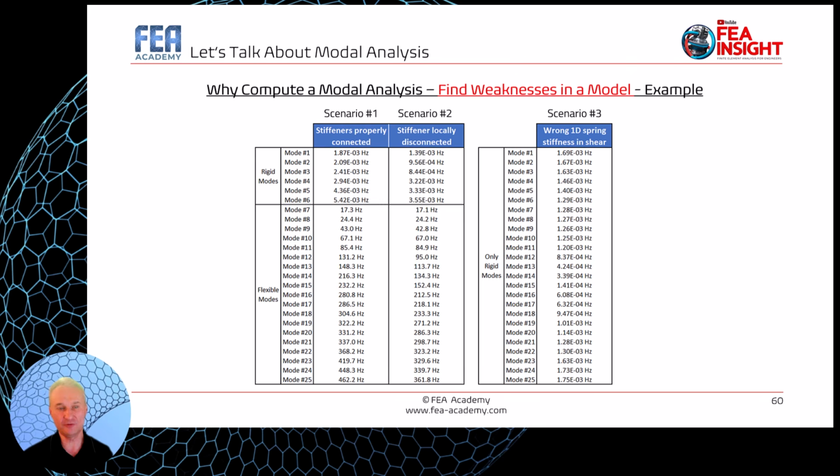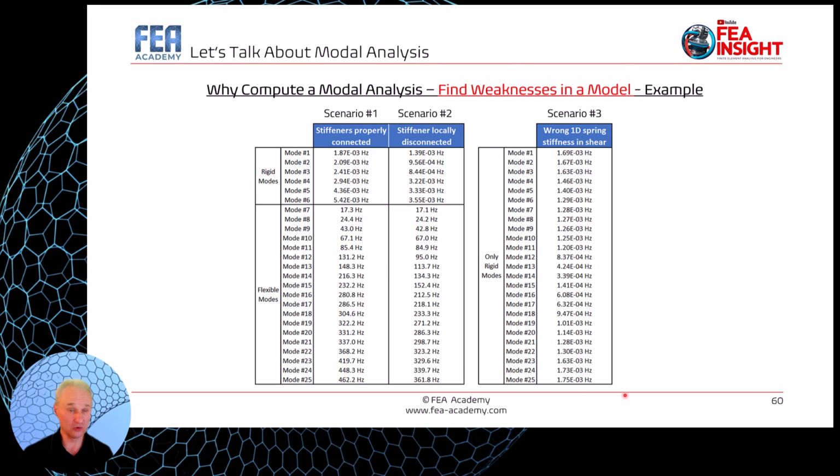Now let's have a look at the natural frequencies for scenario 3, where I implemented the wrong 1D spring stiffness in shear. You see, I have only rigid modes, with very low frequencies. The first mode is 1.7e minus 3, and mode 25 is 1.7e minus 3 Hertz.